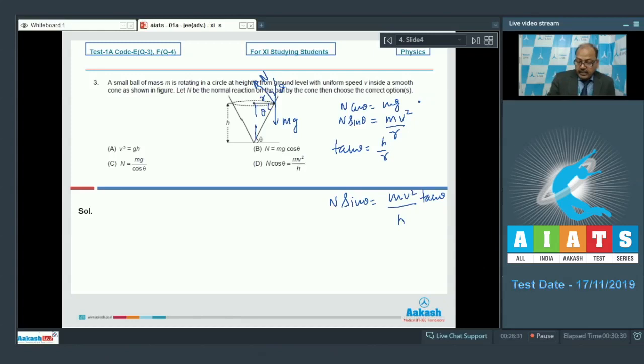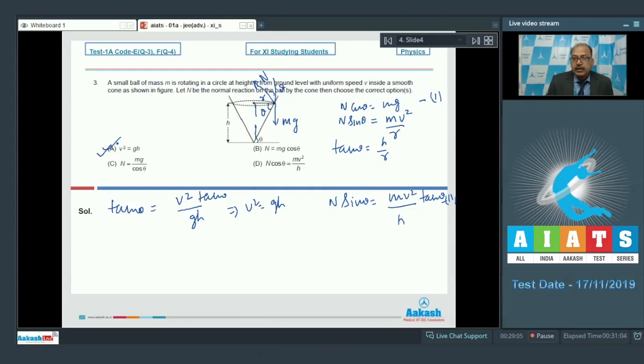Now if we take these two equations, equation 1 and equation 2, divide them, that means we're dividing equation 2 by equation 1, we get tan theta equal to v square tan theta by gh, or v square is equal to gh, which means option A is correct.